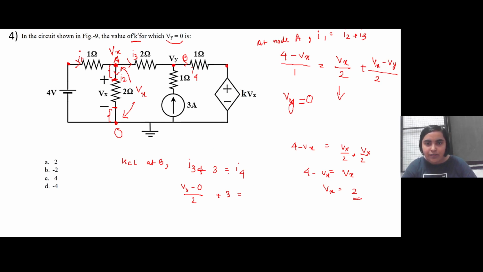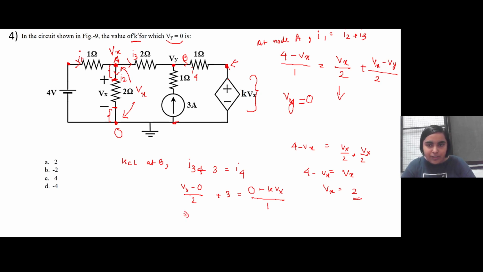So Vy is given as 0. The voltage in this particular branch will be equal to kVx, because across this and reference only this much voltage is there, this voltage source is there. So it will be 0 minus kVx, and the resistance here is 1 ohm. So this will be equal to I4.